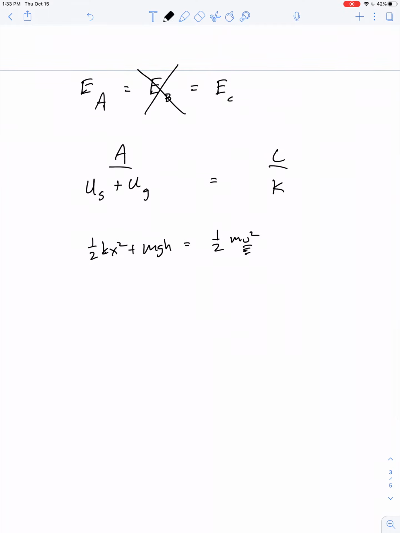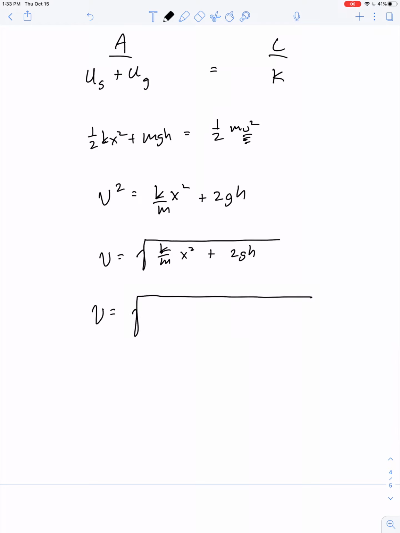So probably best we multiply the equation through by 2 and divide by m. So we get v squared is equal to kx squared over m plus 2gh. Double check the algebra on that one. Looks right. So the final velocity is the square root of k over m times x squared plus 2gh.